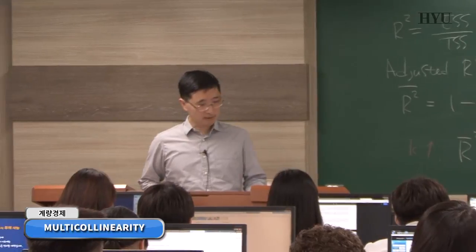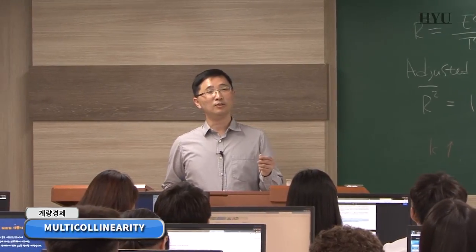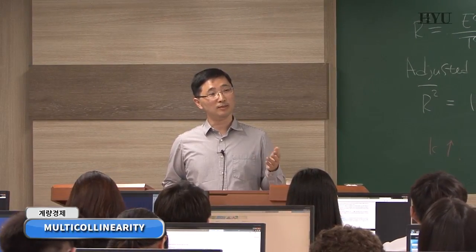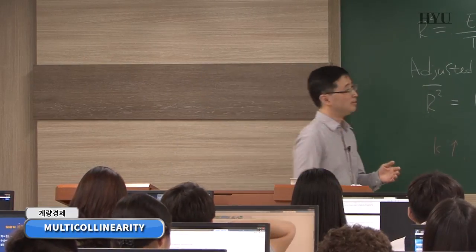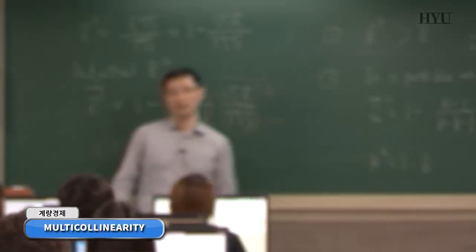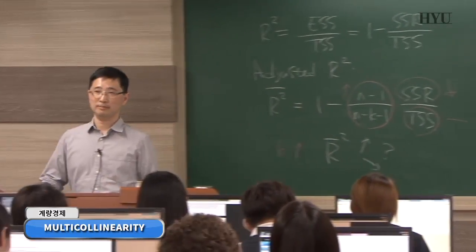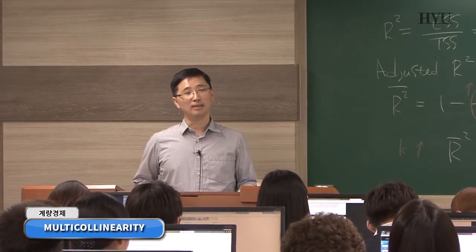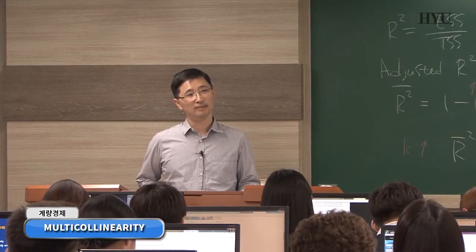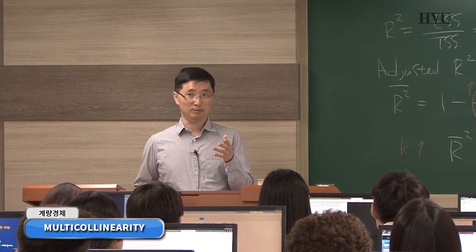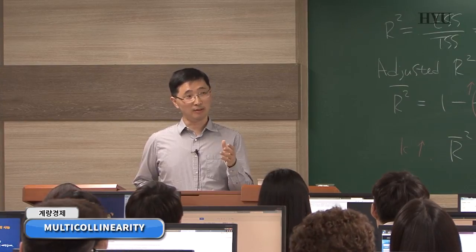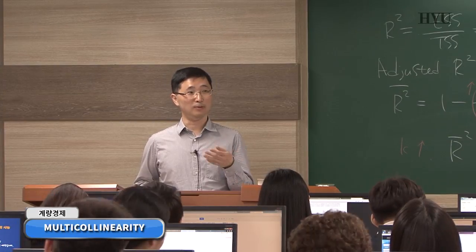So to conclude, adjusted R squared is a good thing. It at least tells us something, but it can be bad. First, because there's no guarantee that you have a positive number. The second is actually worse. R squared has a very nice interpretation. Adjusted R squared has no interpretation whatsoever.